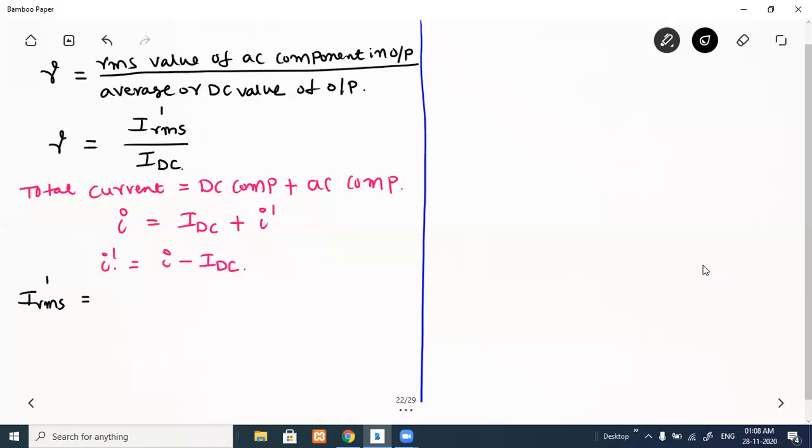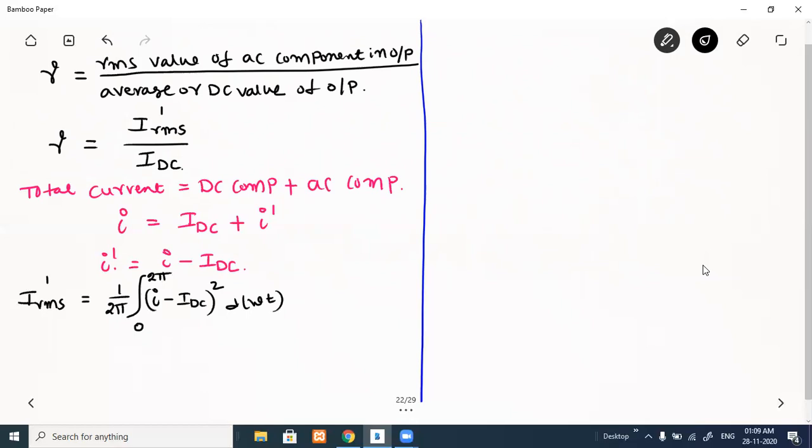So first squaring this value, I minus I_DC whole square. Then calculate the mean. It can be calculated by using integration over the complete cycle, so integral 0 to 2 pi d omega t, and divide by the base, that is 1 by 2 pi.